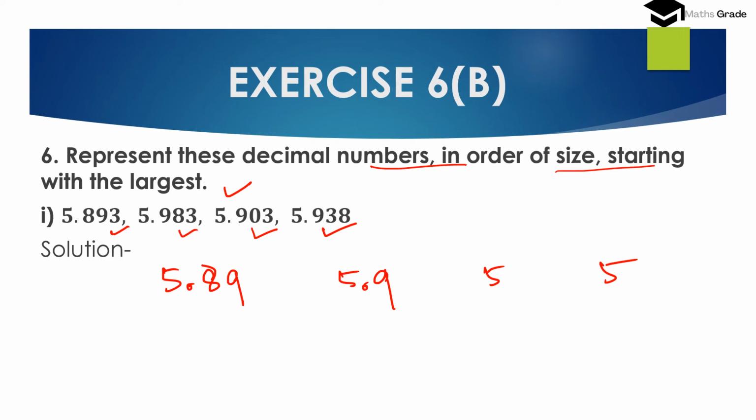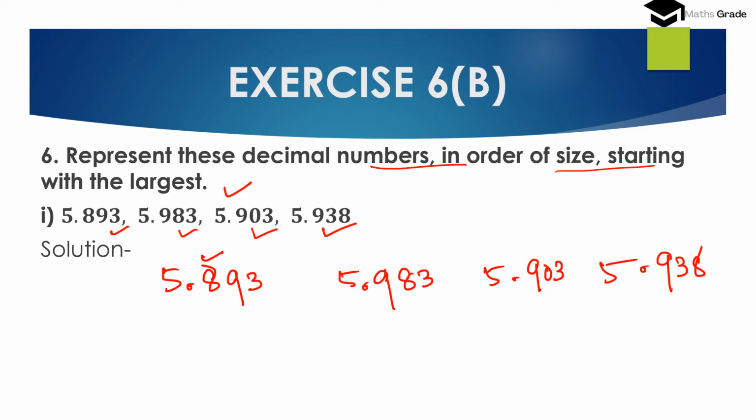Here 5.983, 5.903, and here 5.938. 5.893 has the lowest digit in the 10th place.